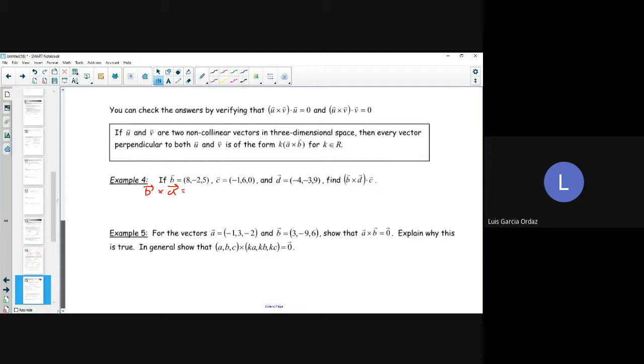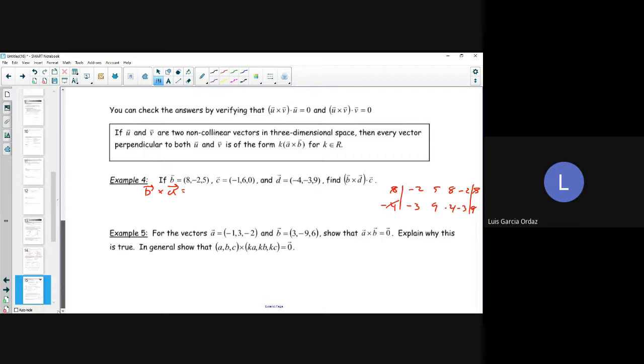So again, let's do our chart. So again, I got 8, -2, 5, 8, -2, 5. And then I got d, which is -4, -3, 9, -4, -3, and 9. So again, disregard the first and last one from each one.